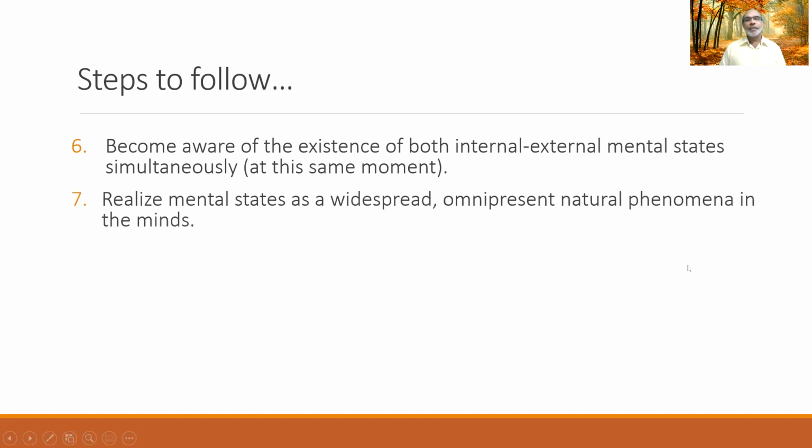That will lead you to realize that mental states are omnipresent, widespread, natural phenomena in all the minds of living beings. So omnipresence of mental states in all living beings can be contemplated.